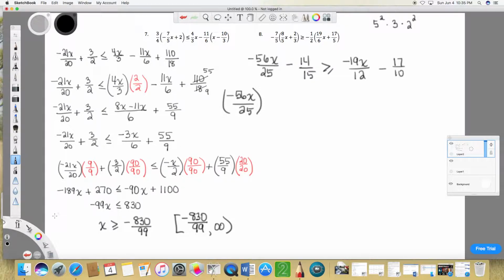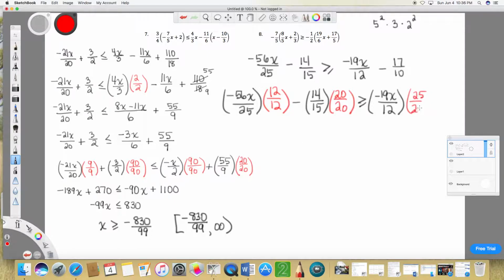All right. So let's multiply this first term by the number 1, but let's write 1 as 12 over 12. And in the second term here, let's multiply it by 20 over 20. And in the right-hand side, let's take negative 19x over 12 and multiply it by 25 over 25.